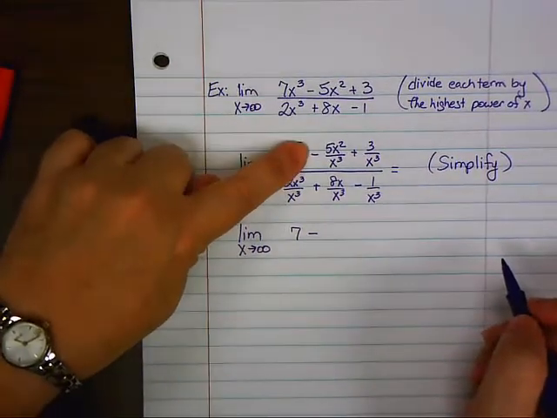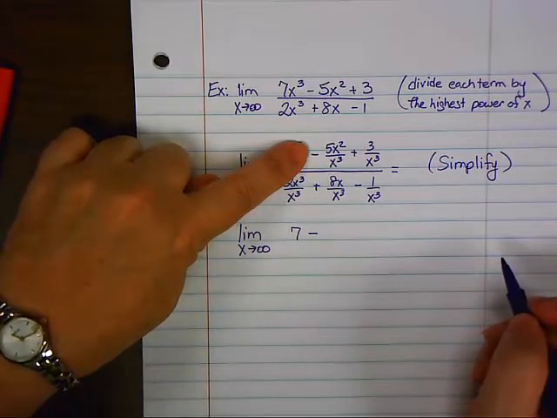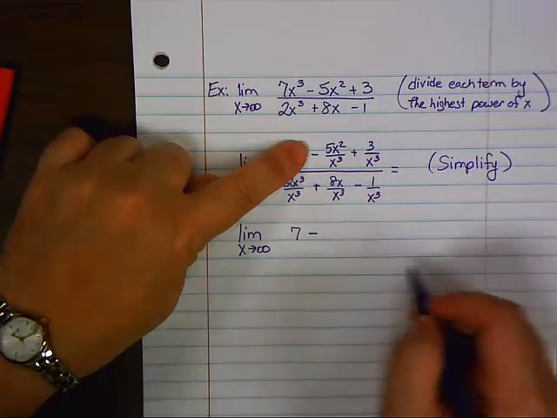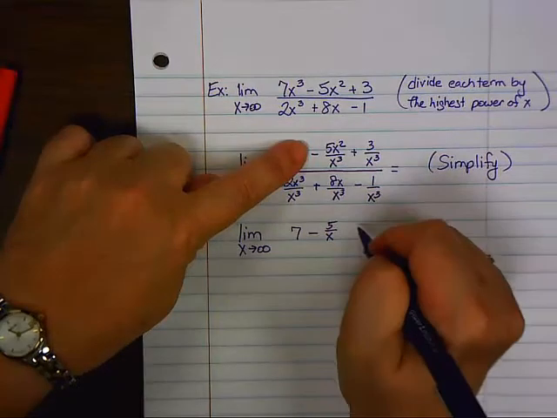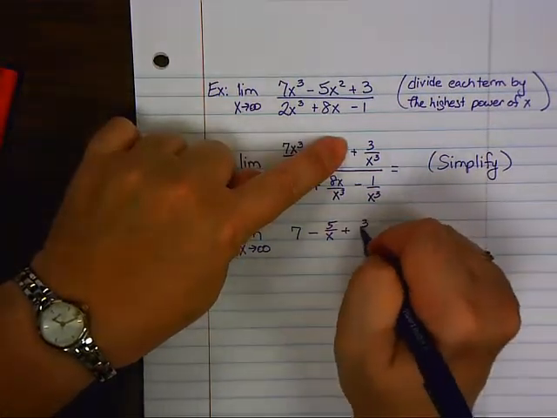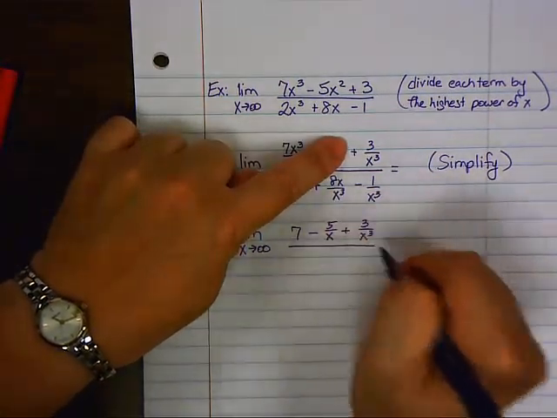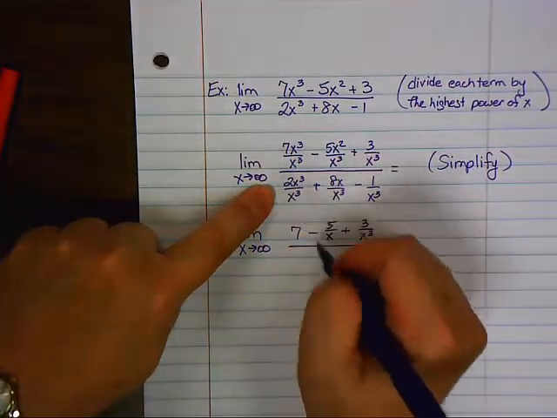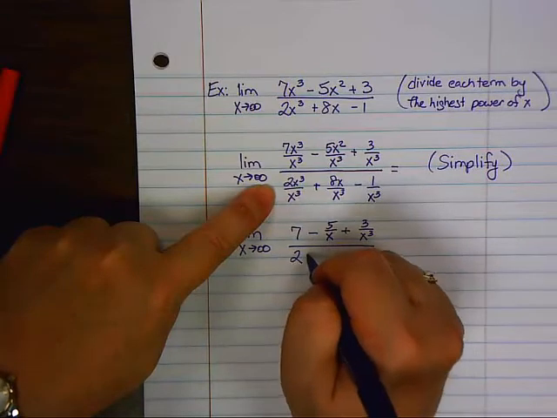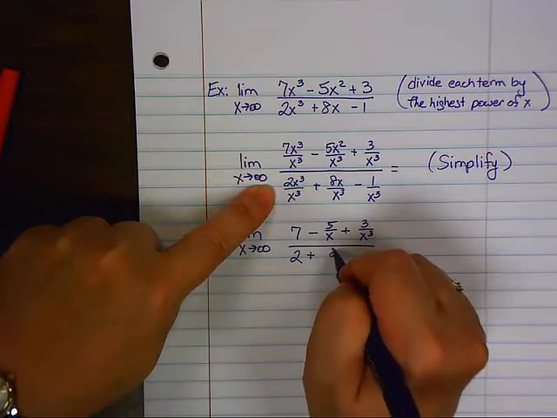What about this one? What's that going to be? 5 over x. Do y'all agree with that? Plus, the third one I can't do anything to, so just recopy it. 3 over x to the third. Then draw your fraction bar. Move to the bottom. This one is 2 plus 8 over what?